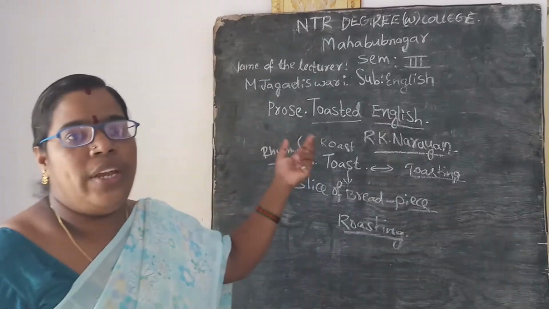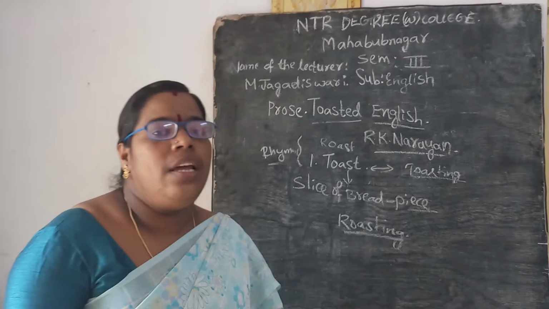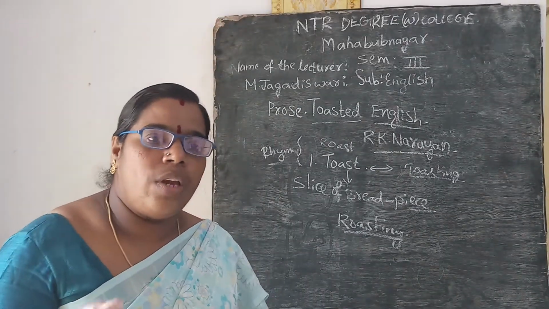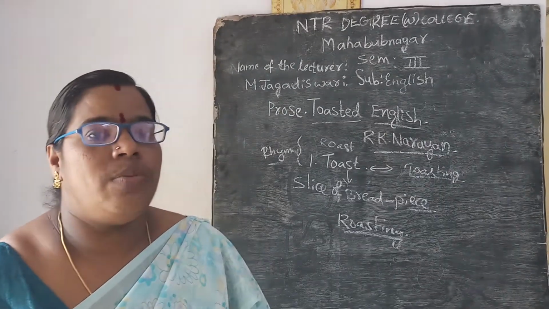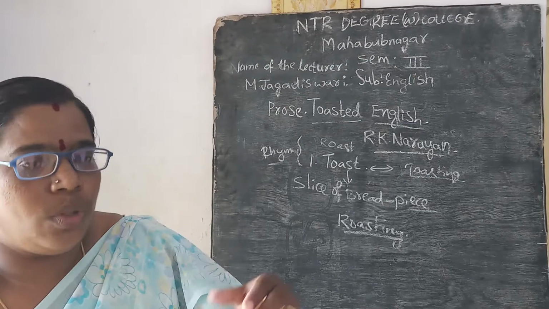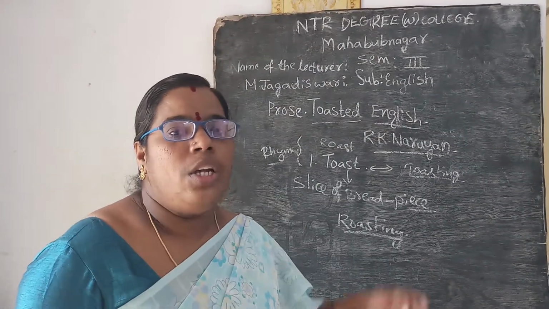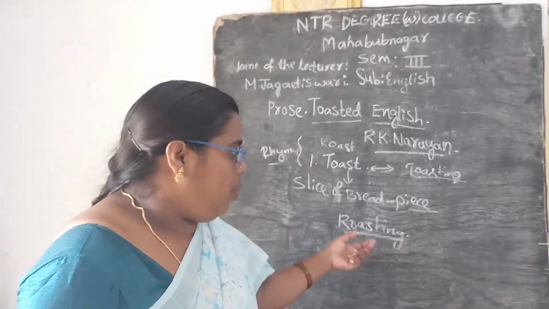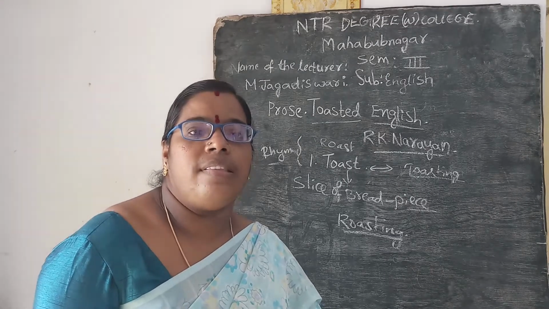You can also see the spellings and give the pronunciation, with the ending the same. So these are the words that rhyme with toast, such as roast. The procedure of roasting carries additional qualities to the slice of bread.